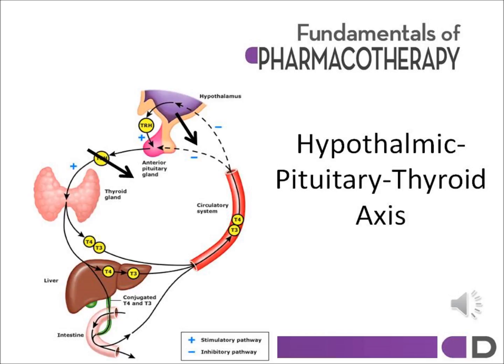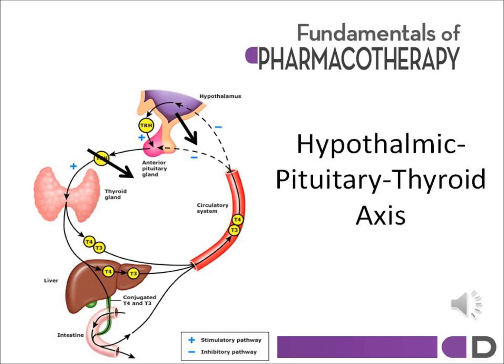This TRH stimulates the pituitary gland to release TSH, which is the thyroid stimulating hormone. This TSH travels to the thyroid gland, which triggers the thyroid gland to synthesize and release T3 and T4. Then T3 and T4 travel throughout the bloodstream to their targets throughout the body.